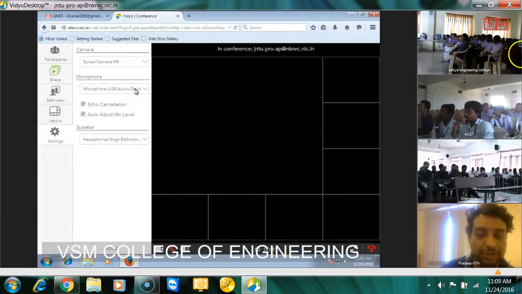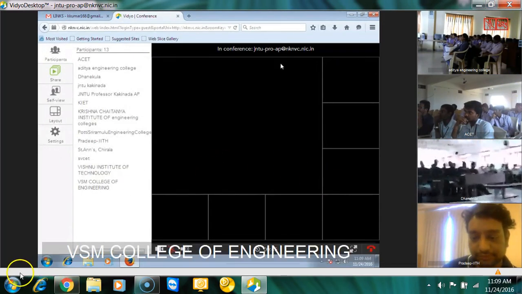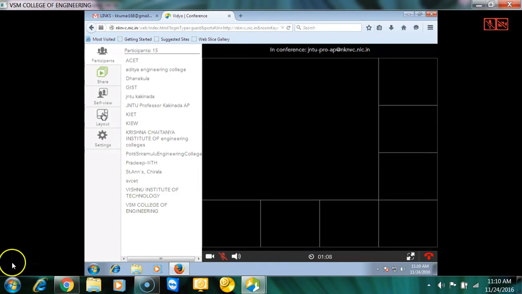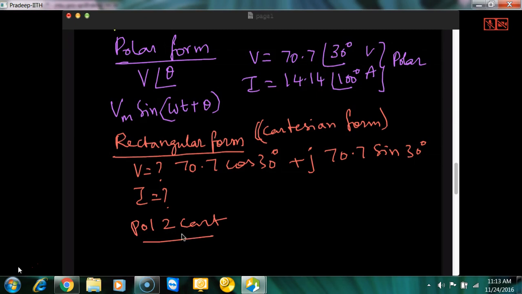So let's do it in polar form. You can also call it Cartesian form. And there is a function in MATLAB, pol2cart. Using this function you can convert it. I'll show that to you.